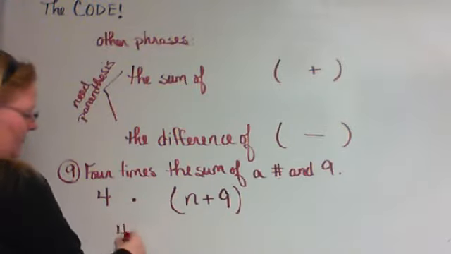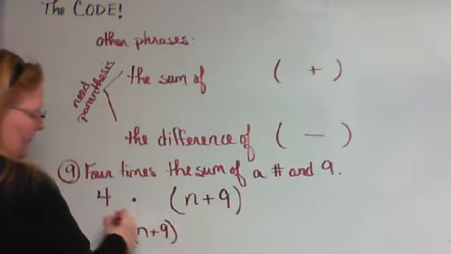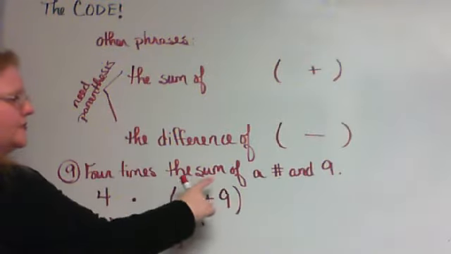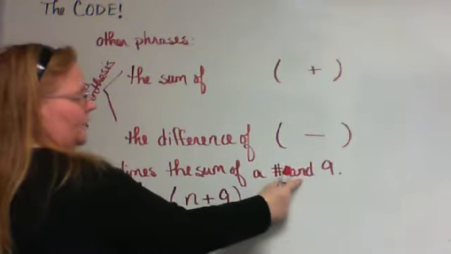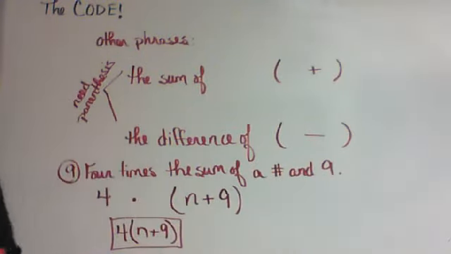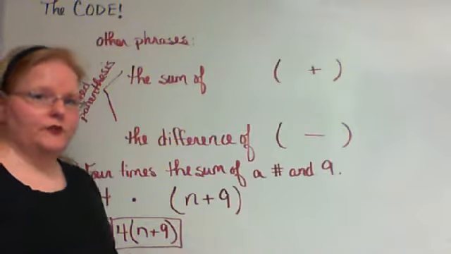I don't need to write the multiplication sign, but I could if I wanted to. If this was the difference of, they're still going to have the word and there, but the and would be where your minus sign goes. So they tell you the numbers, and you need to put these numbers in order in your parentheses.